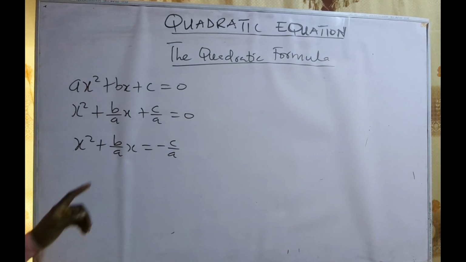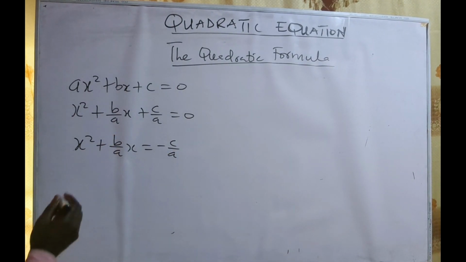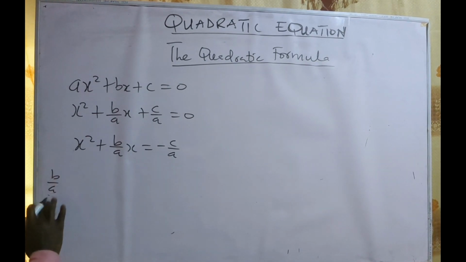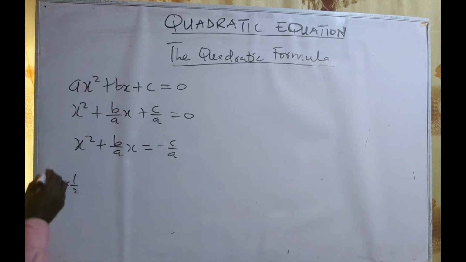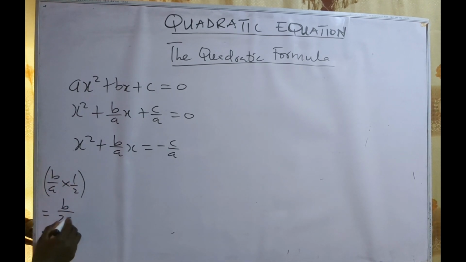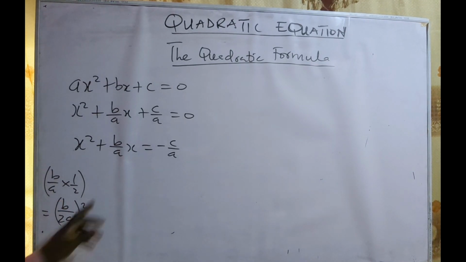Then we take the coefficient of the x, which is what? B over a. We multiply the b over a by half. So b times 1 gives me b, a times 2 gives me what? 2a. Then we square it. Then when we square, we add to both sides of the equation. So we have b over 2a all squared.